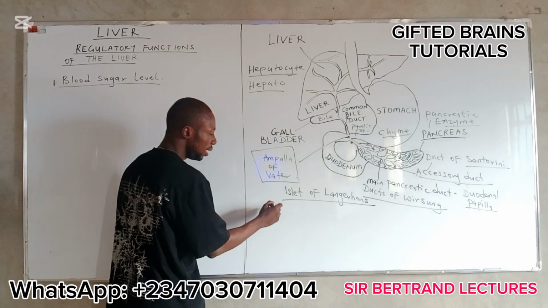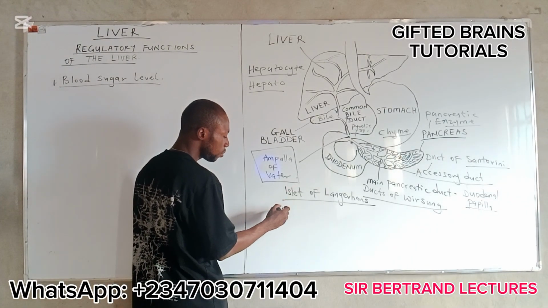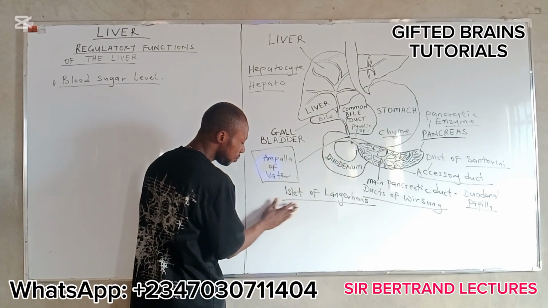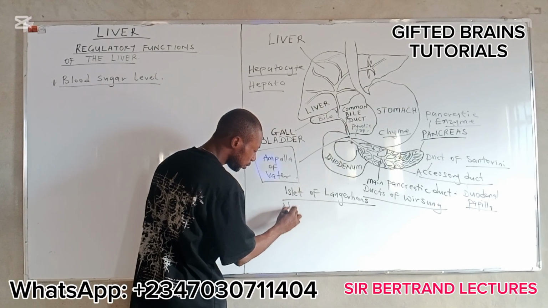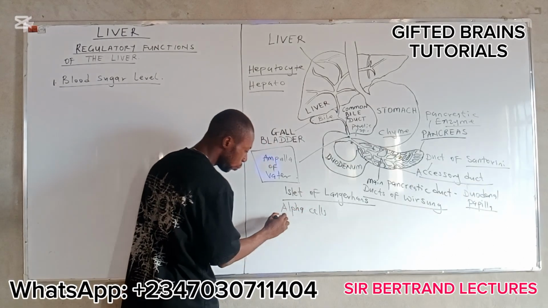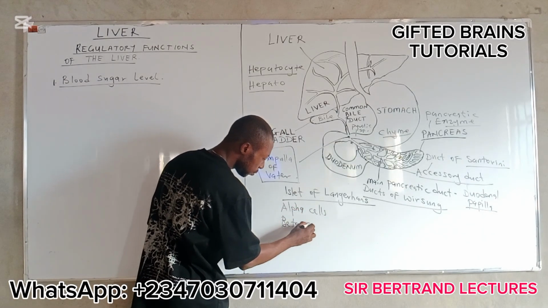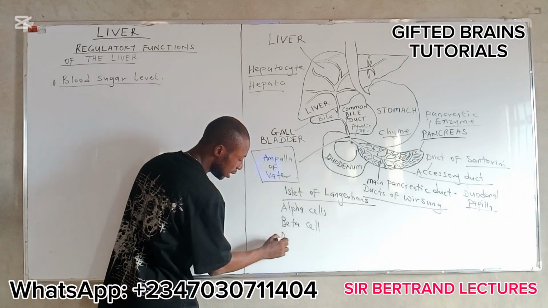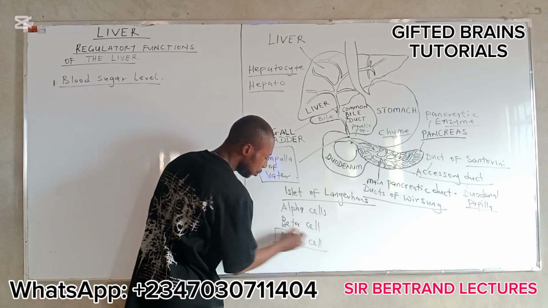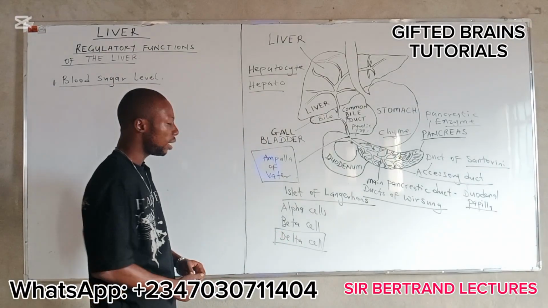In the islet of Langerhans here, we have the alpha cells, the beta cells, and the delta cells. The delta cells have no effect on the blood sugar level.